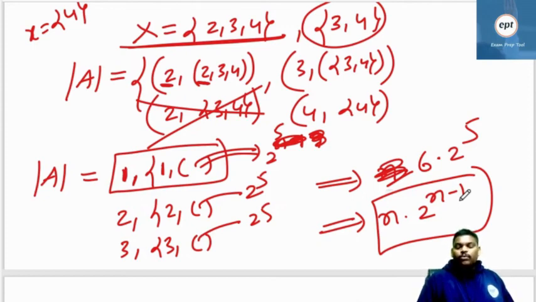For n minus 1 elements, the number of subsets possible is 2 power n minus 1. So the first element is 1, 2 power n minus 1. First element 2, 2 power n minus 1. First element 3, 2 power n minus 1, and so on. 6 times 2 power n minus 1, so n times 2 power n minus 1. Are you okay with this?